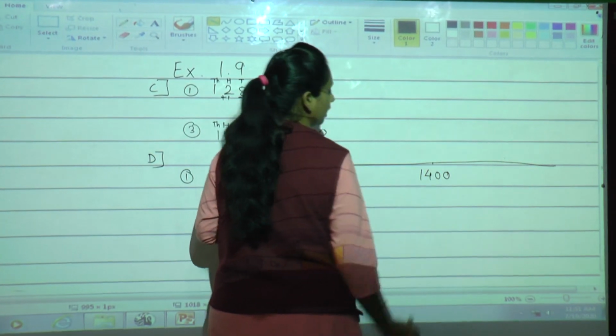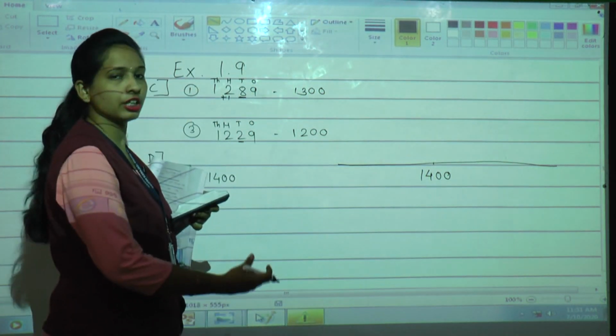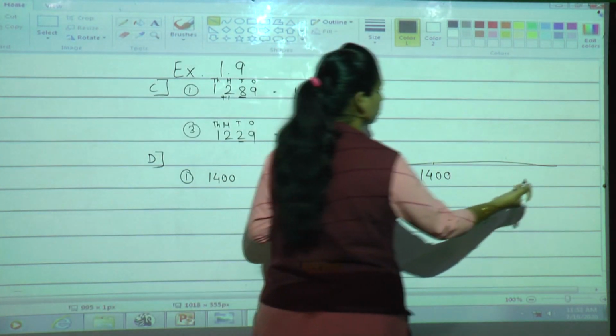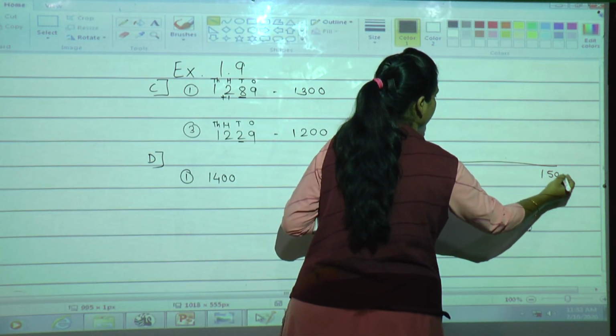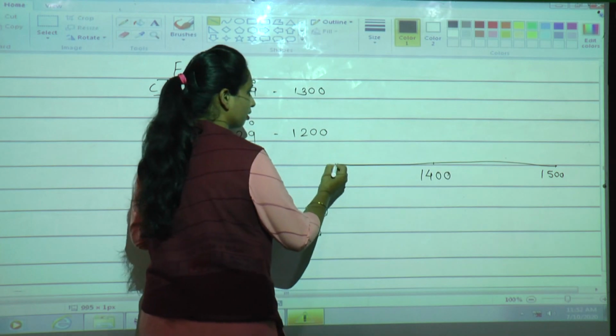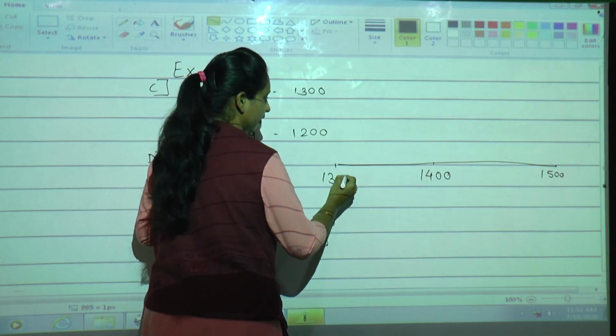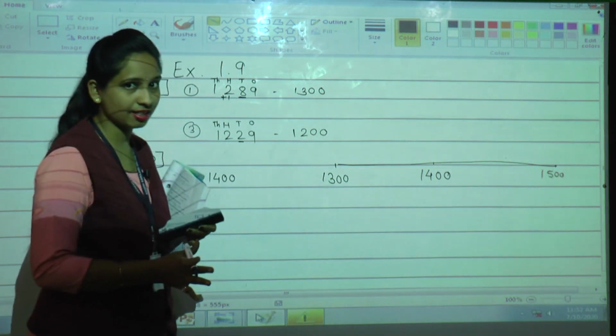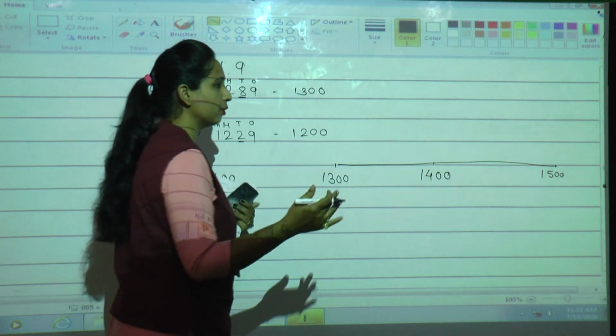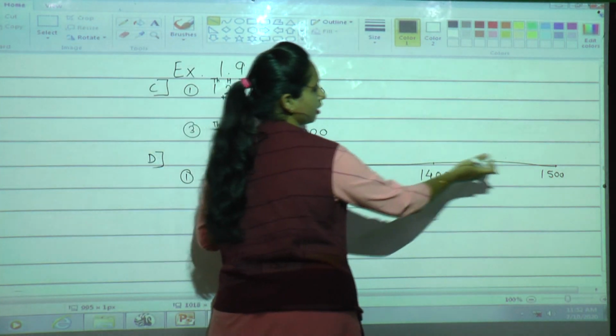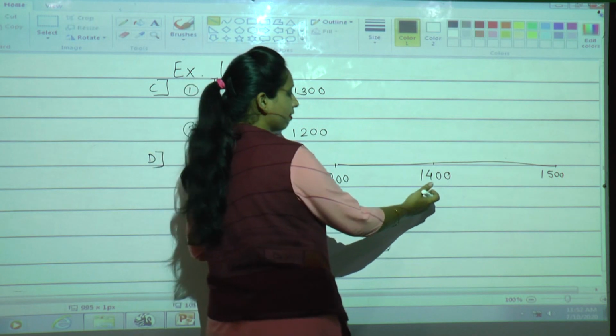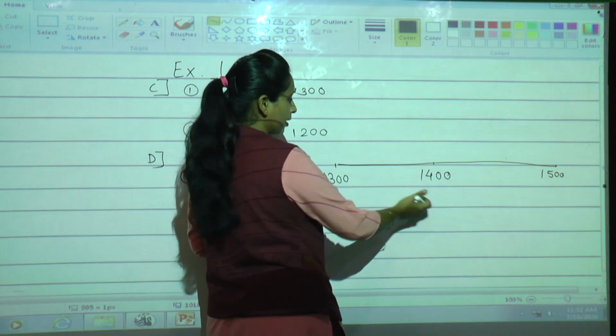1400. Now the next multiple of 100 after 1400 will be 1500, and before that 1300. We are saying hundreds, so we have to count in hundreds only. 1300, 1400, 1500. What is the midway of these two numbers?